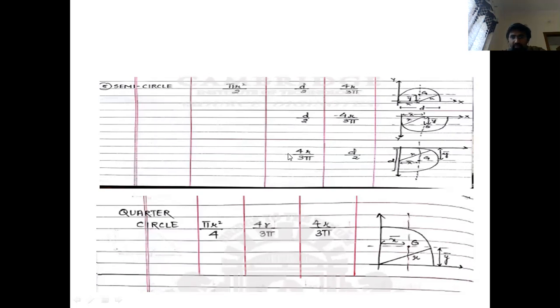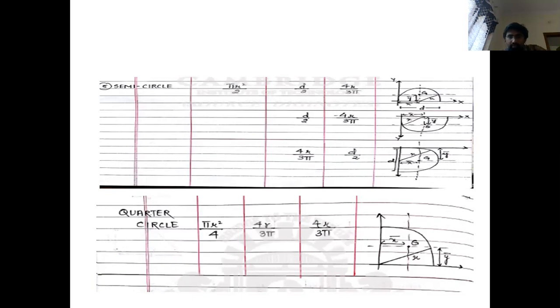And for this kind of position, y bar will be minus d by 2, and x bar will be plus 4r by 3 pi. And again for your quarter circle, that will be 4r by 3 pi and 4r by 3 pi. Both your x bar and y bar are positive because this is lying in the first quadrant, and similarly the area will be pi r square divided by 4.